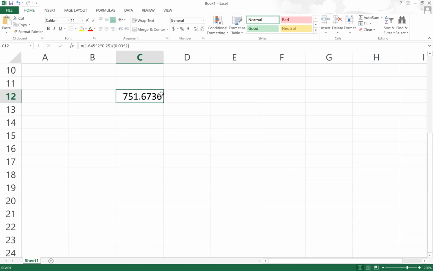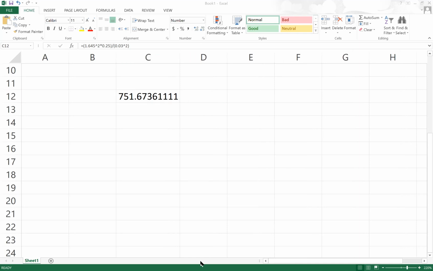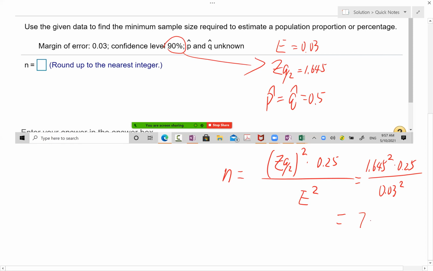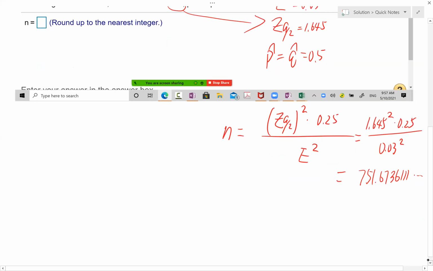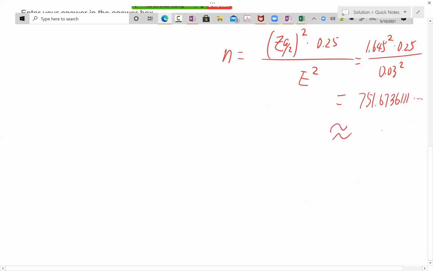751.6736. It actually has many more decimals, right? But that's what it is. But we always round up to the next whole number, no matter what decimal we're looking at, right?